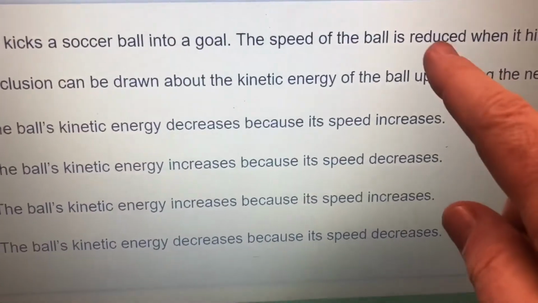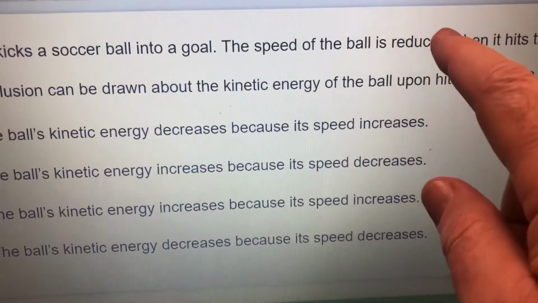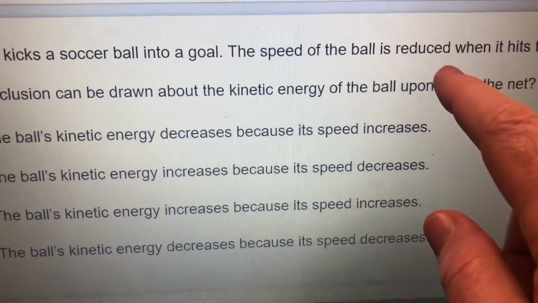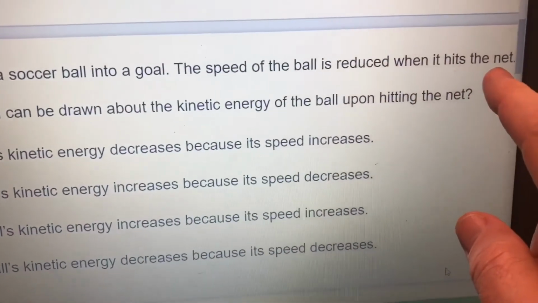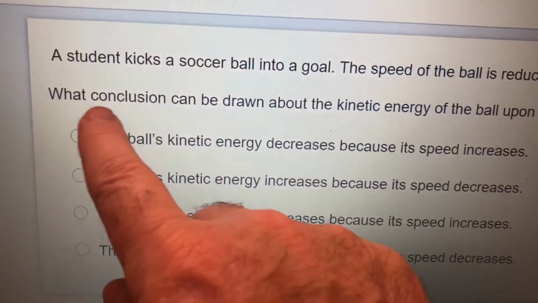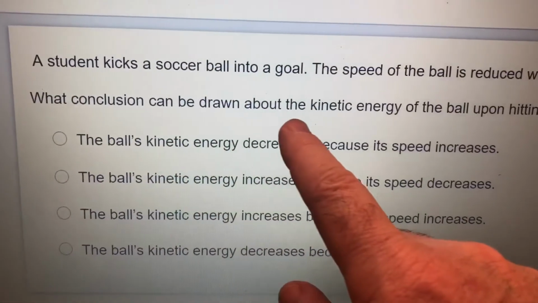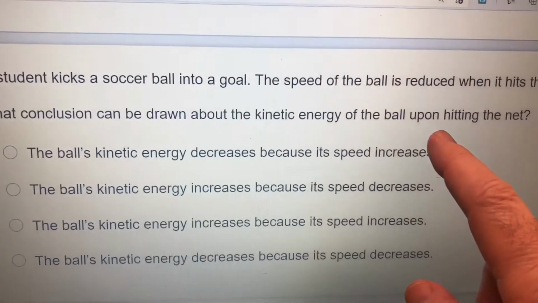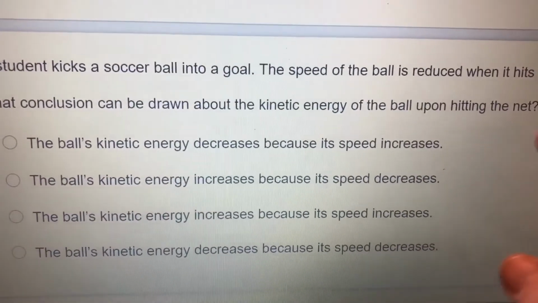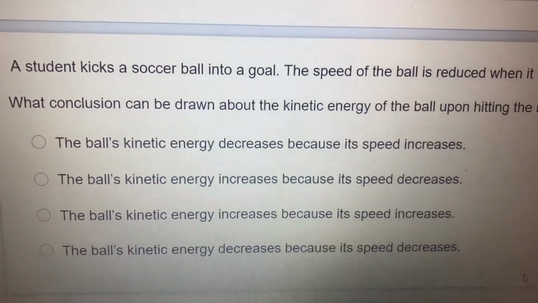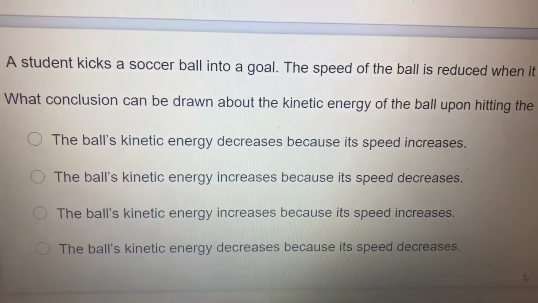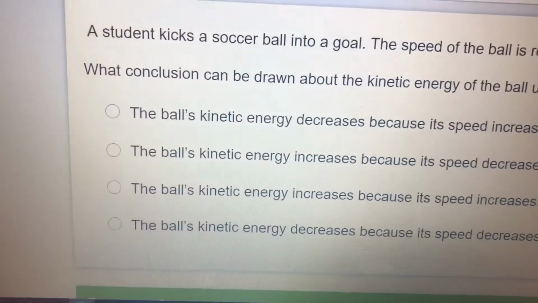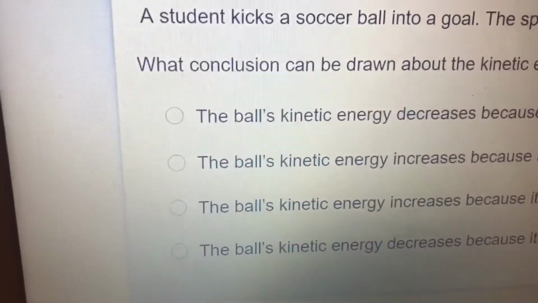So the word reduced, so it becomes less when it hits the net. What conclusion can be drawn about the kinetic energy of the ball upon hitting the net? Okay, so we have that picture now. The speed of the ball is reduced when it hits the net. What can we conclude? So let's look at the choices.